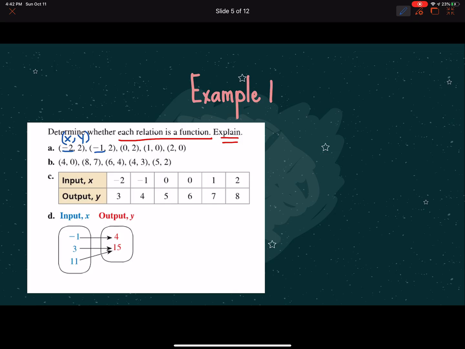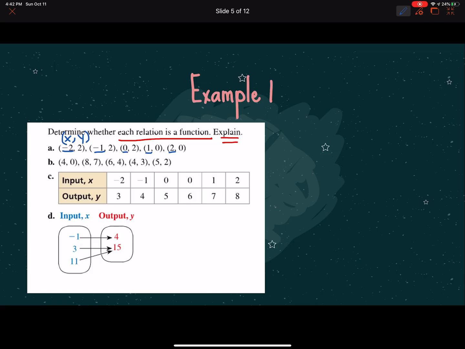The third ordered pair has a 0, the fourth has a 1, and the fifth has a 2. Are any of those inputs, remember our x is our input, used with more than one output? No. Okay, so each value for x is only used one time.